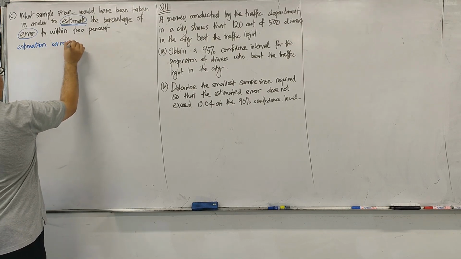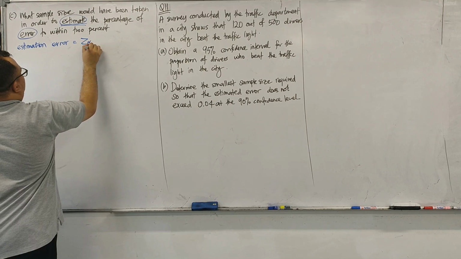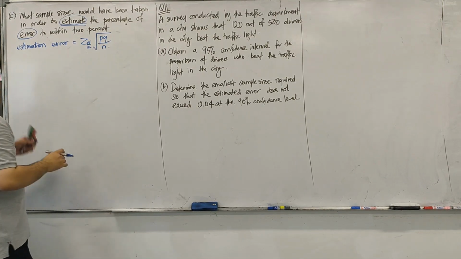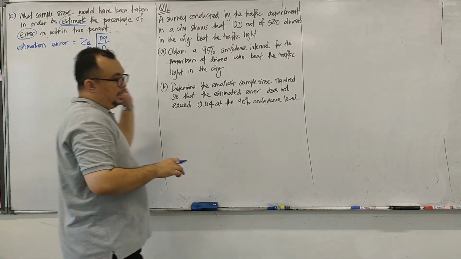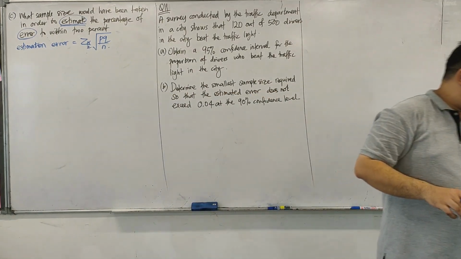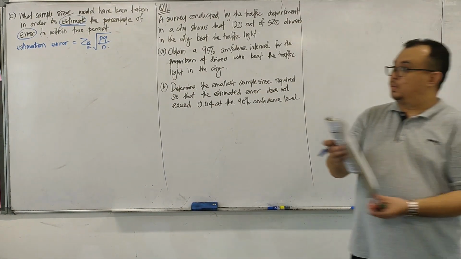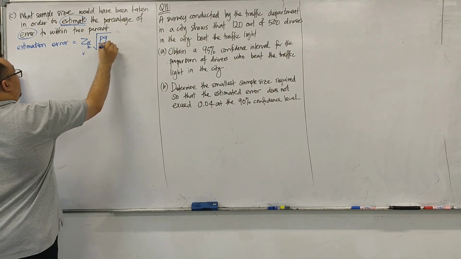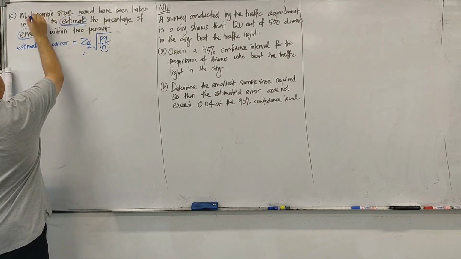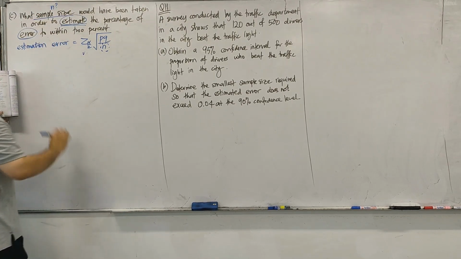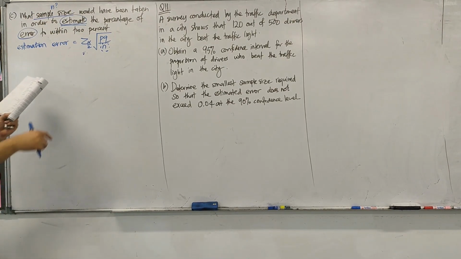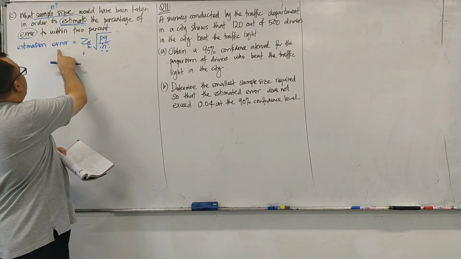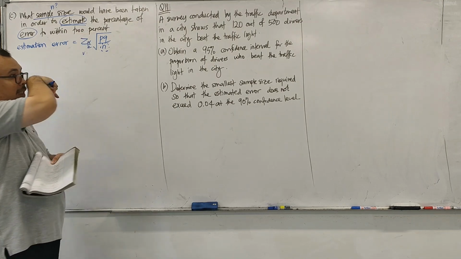Estimation error equal to Z alpha over 2 square root PQ over N. And then tadi kita dah tengok Z alpha over 2. Our Z alpha over 2 is 1.96. This one done. N kita tak tahu because we want to find the sample size. So N is what you are going to find.